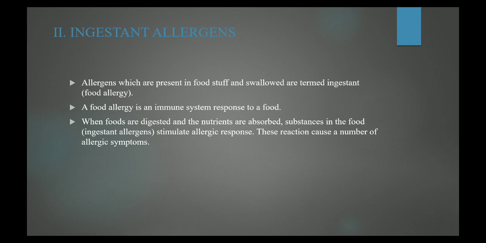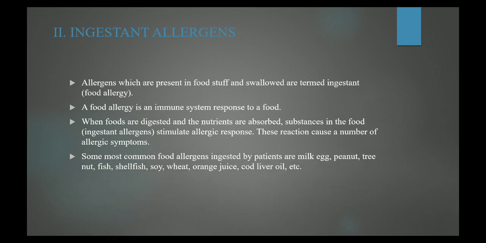These reactions cause a number of allergic symptoms. Some of the most common food allergic ingestants in patients are milk, egg, peanut, tree nut, fish, shellfish, soy, wheat, orange juice, cod liver oil, etc.